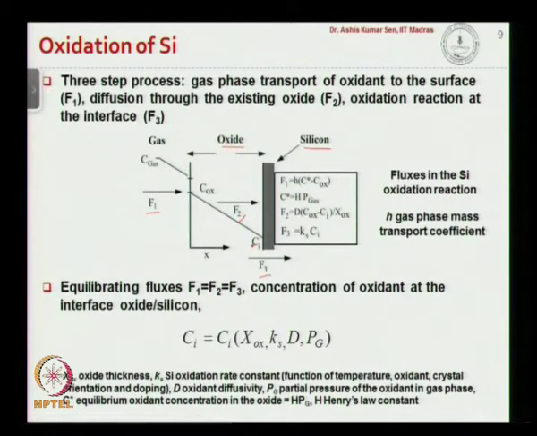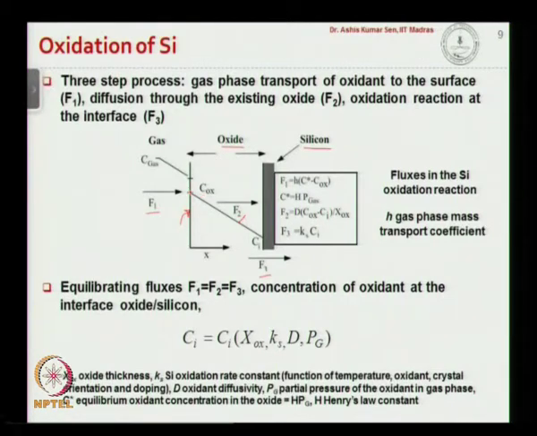The first step is the gas phase transport of oxidant to the surface. You have the gas phase here, and the oxidant has to be transported from the gas medium to the top surface of the oxide layer. Then the second step, the oxidant has to diffuse through the existing oxide layer.